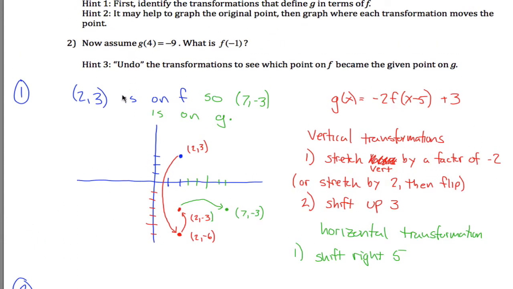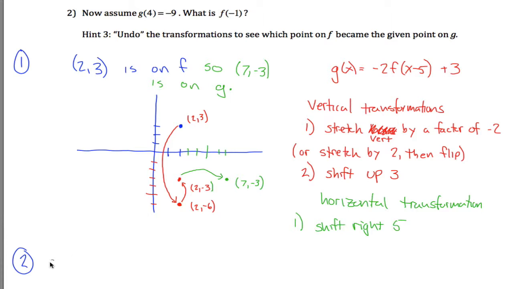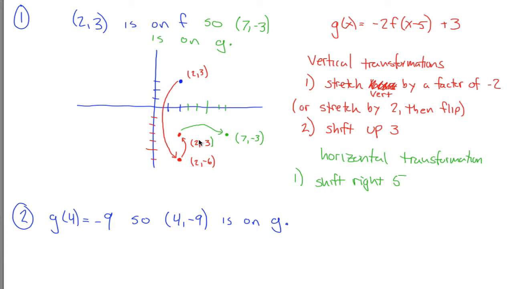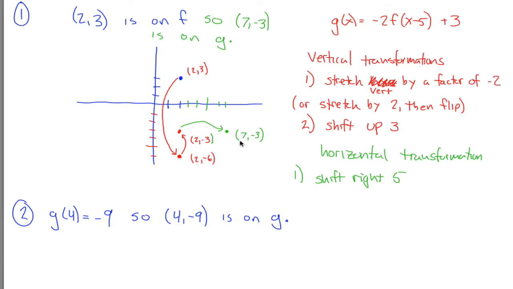For part 2, it says g of 4 equals negative 9. So what that tells me is that (4, -9) is on g. What I want to do is figure out f of negative 1, the y-coordinate when x equals negative 1. What I can do is undo everything. Instead of going in this order like I did above, I can go backwards.